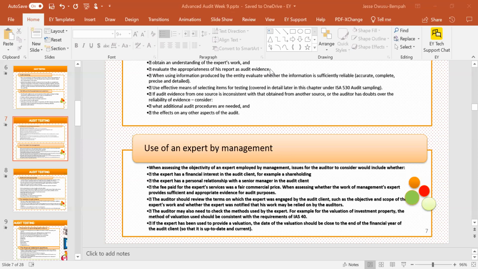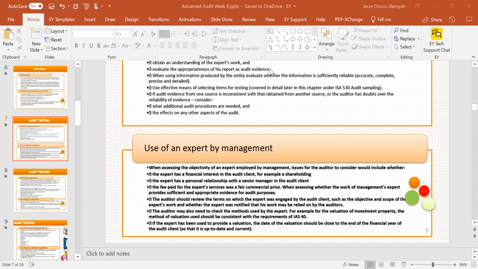So let's flip it back to the auditor and the expert. The auditor checks through, again, the professional qualifications, the licenses that the expert has, that gives them that credibility to do what they are supposed to do.